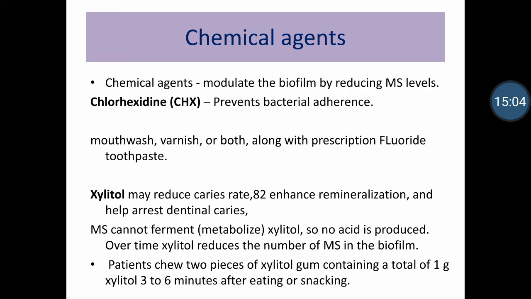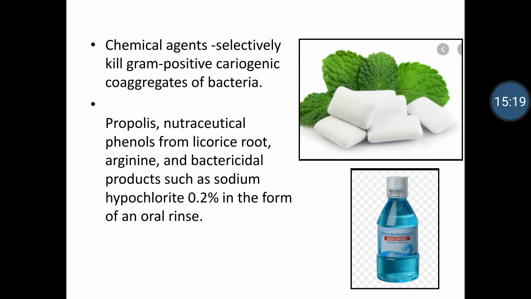We can also use xylitol chewing gums, 2 xylitol chewing gums after meals or snacks for 3 to 6 minutes, which helps in reducing the caries rate and enhances remineralization. Other chemical agents which act by killing the gram-positive cariogenic bacteria are propolis, licorice root, arginine, and 0.2% sodium hypochlorite oral rinse.